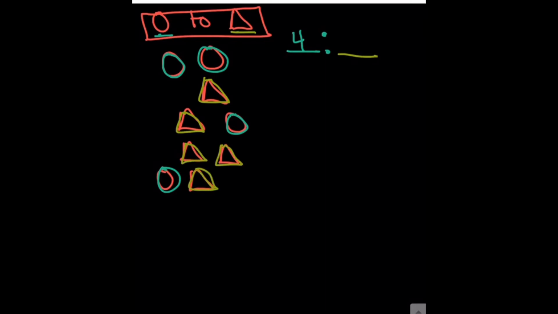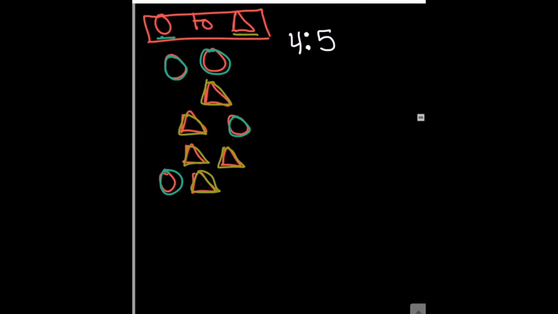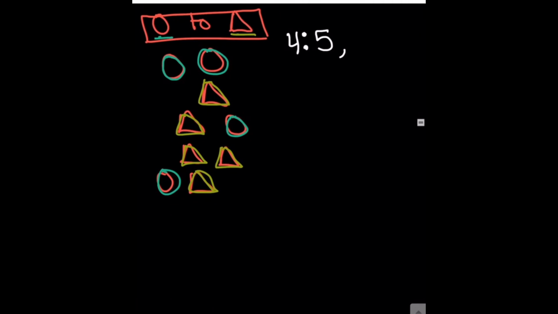So there are 5 triangles. That's one way you can write it. You can just say 4 colon 5. But as I said before, there are multiple ways. Right here, that's one way. You can just say 4 to 5.